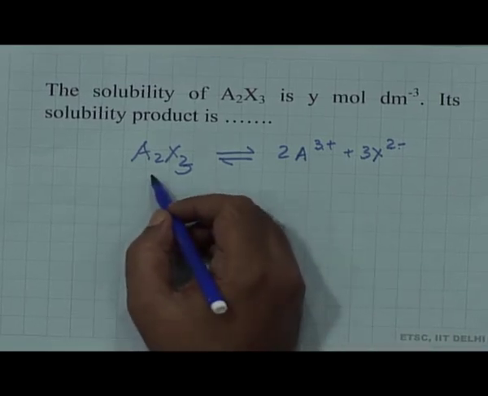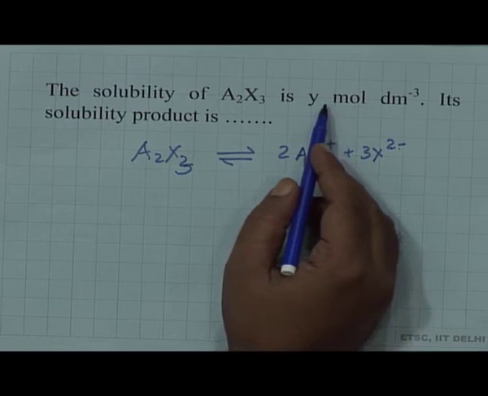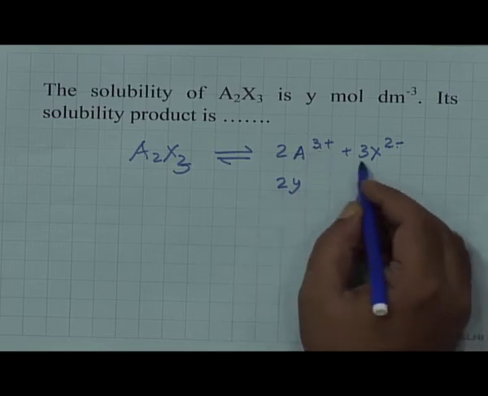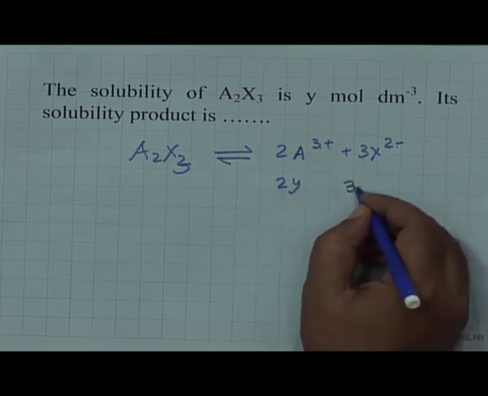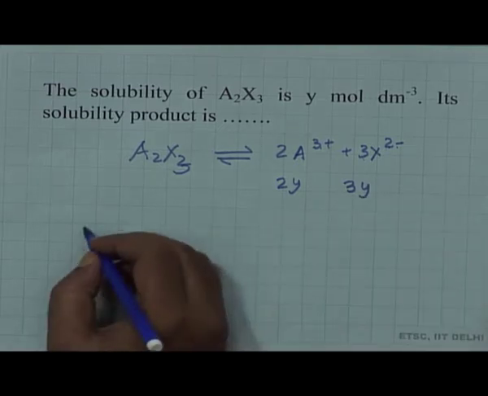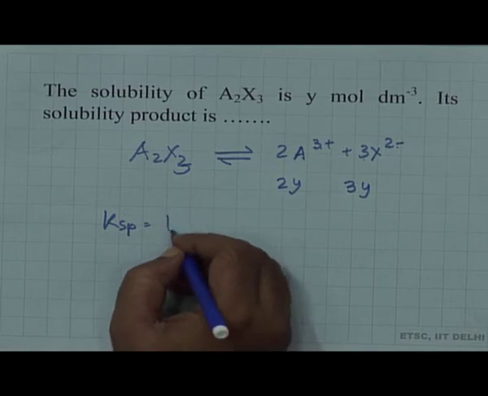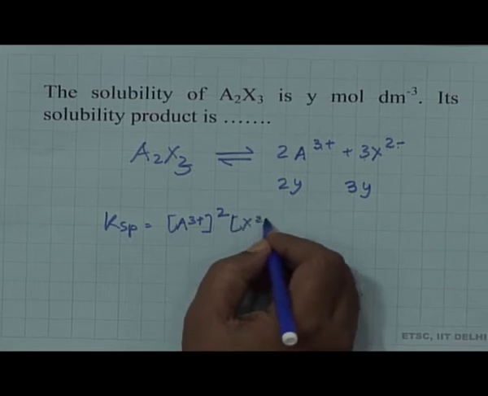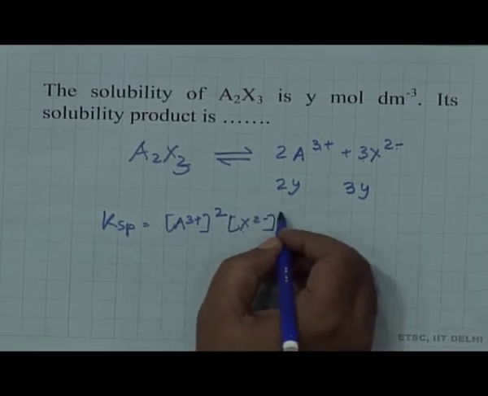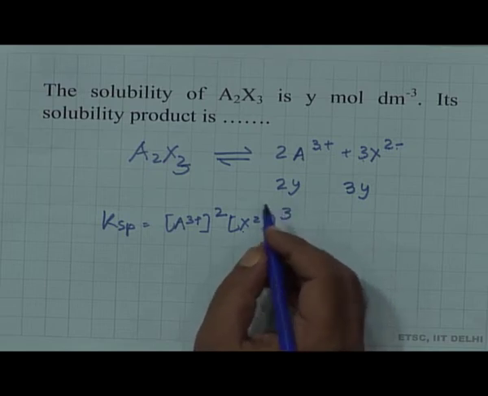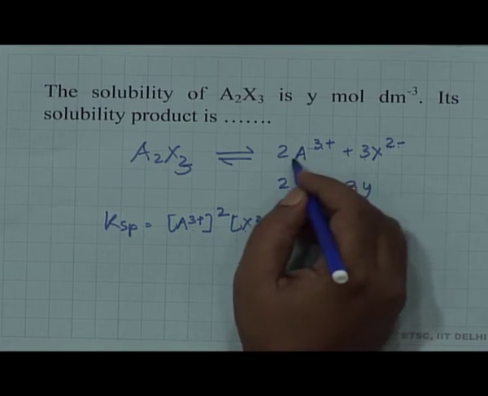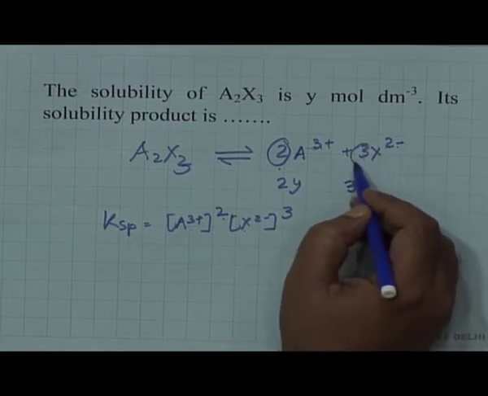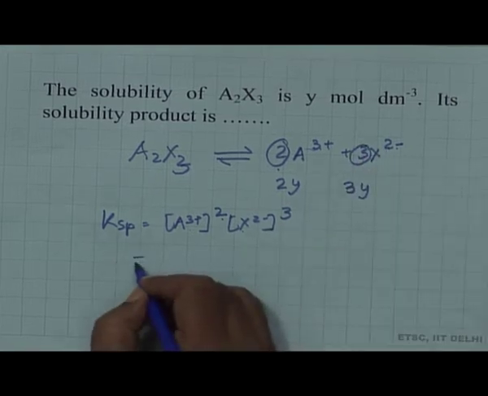So, suppose Y is the solubility, what you are going to get is 2Y of A3 plus and 3Y of X2 minus, and we know that Ksp is equal to the concentration of A3 plus squared into the concentration of X2 minus cubed. For the A3 plus ion, stoichiometry is 2, so it will be squared, and for X2 minus, stoichiometry is 3, so there will be a cube.